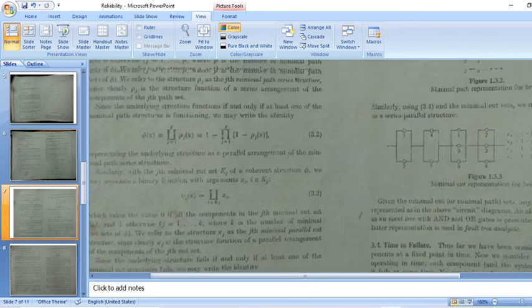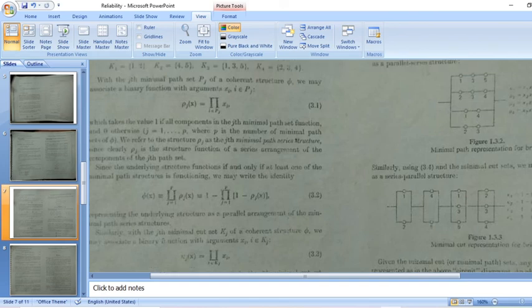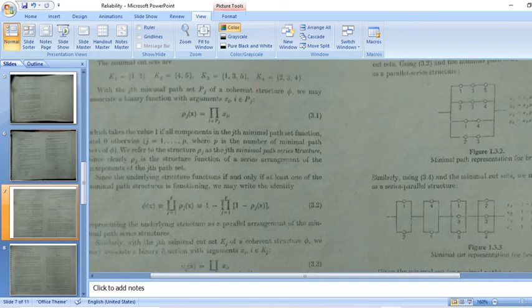Okay, any structure function can be represented like this. That means any complicated system can be analyzed. That is the exact aim of this section.